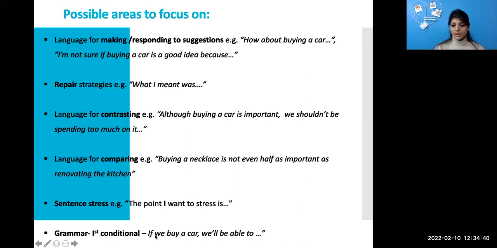We do have conditionals here. Now, something like language for contrasting, language for comparing, this is something we do all the time in our day-to-day life. So if we focus on something like this by way of a discussion, it's going to prove really useful for learners, and they'll be able to start using it outside of class right after the discussion. So they can really see the progress very easily there.